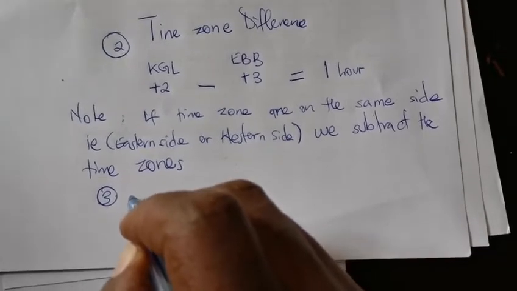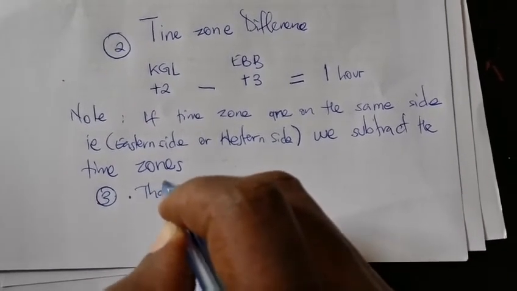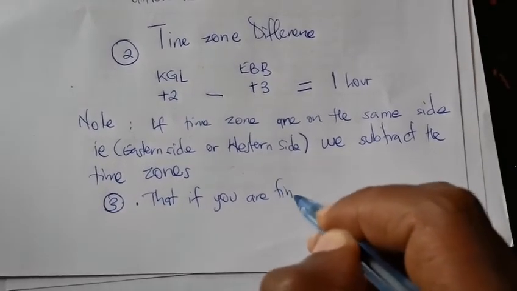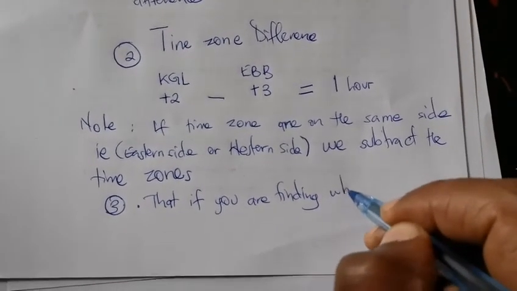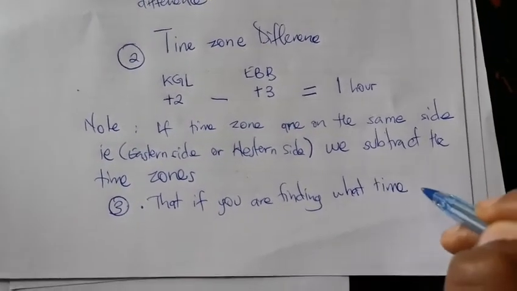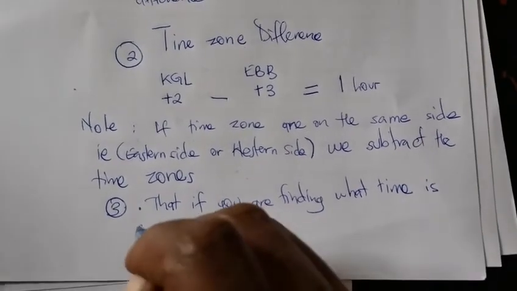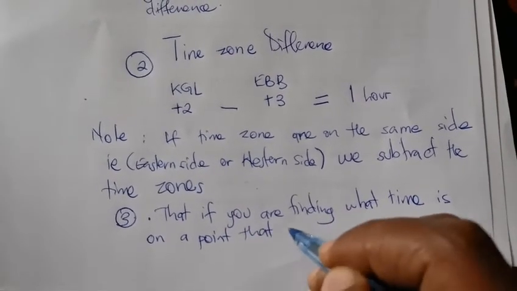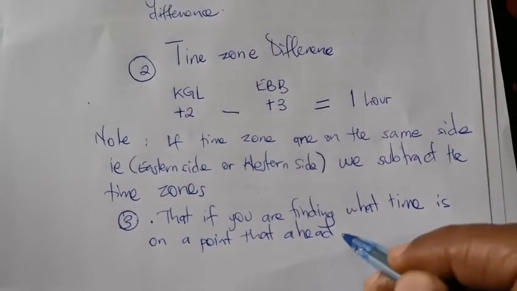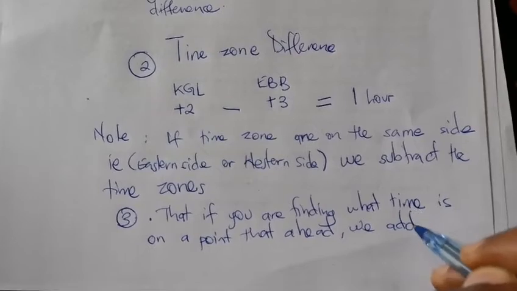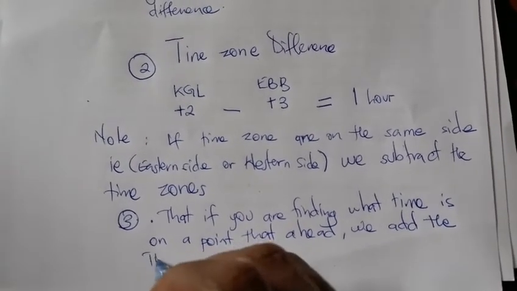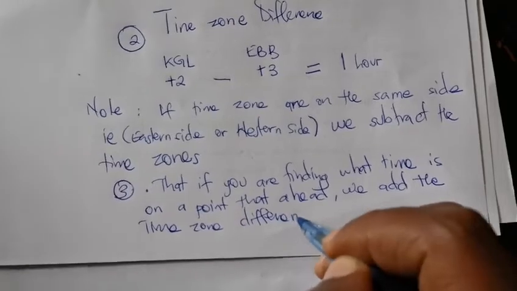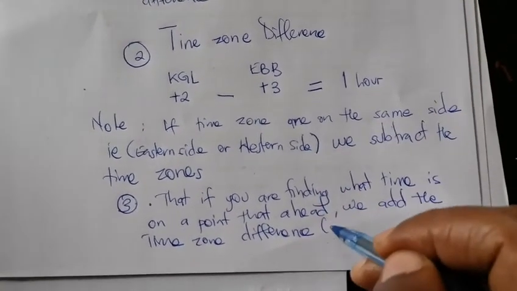We are going to note that if you are finding what time is on a point that is ahead, we add the time zone difference. So in this case we have 1 hour, okay?